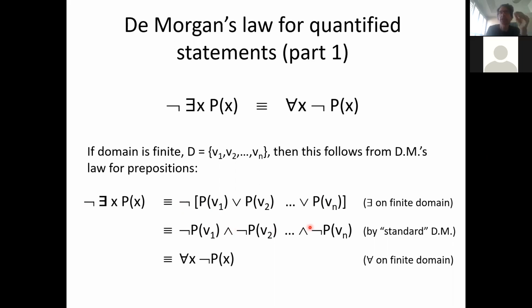To say that it's not true that either this or that or this is the same as to say not this and not that and so forth. Now combine them and you'll see that this is an instance of the right-hand side. So you have a proof of the De Morgan law for enumerable domains, domains where you can list elements, which is in any event everything that you care about in this class.